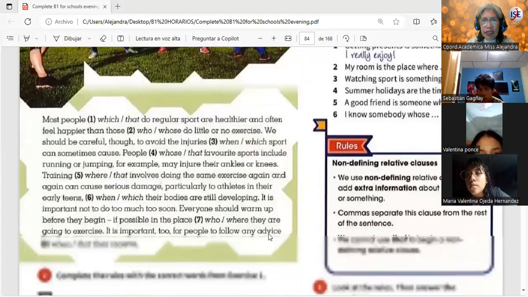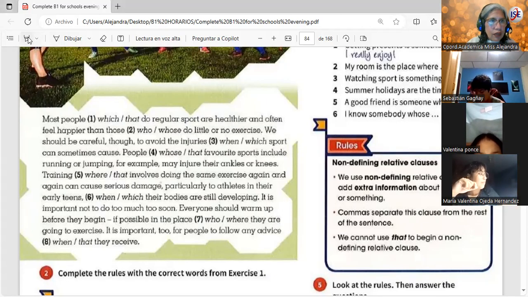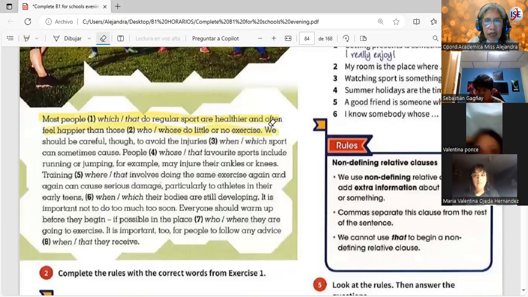Okay, here's the exercise on relative clauses that has to do with sports. Sebastian, can you read the yellow part, please? Using the right relative pronoun, please.